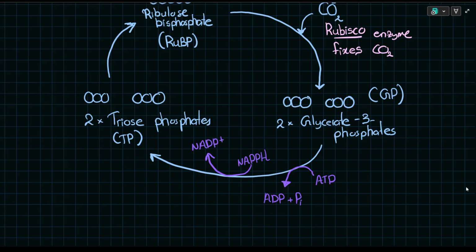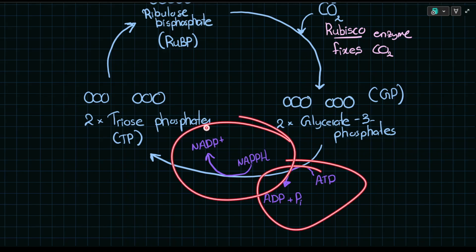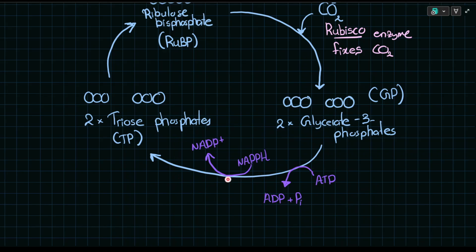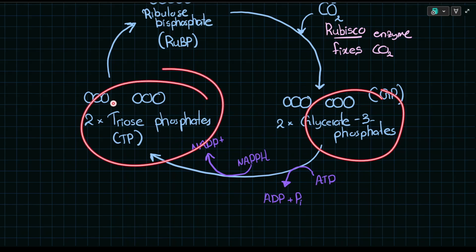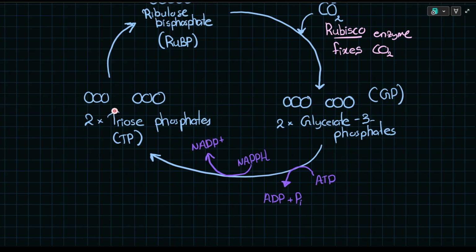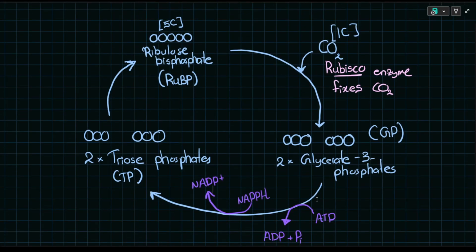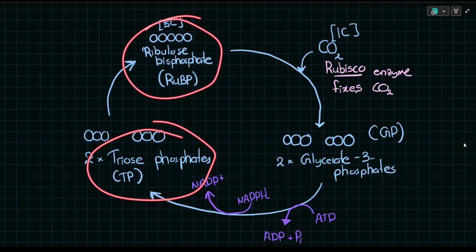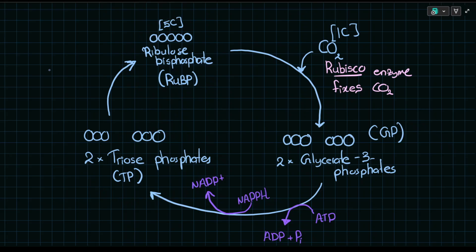We are using everything here. We are using an ATP, we are using the NADPH to convert glycerate phosphate into triose phosphates. And one final little thing, when we are converting TP back to RuBP, we need some energy too.